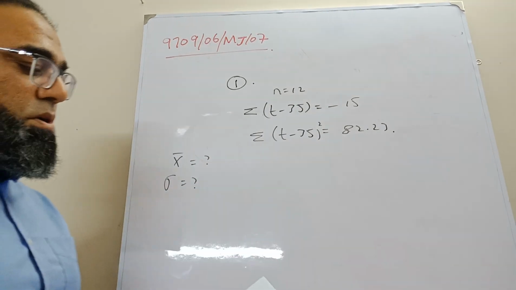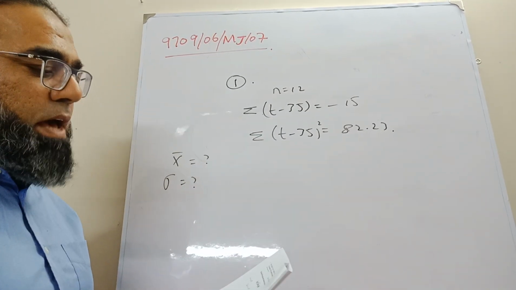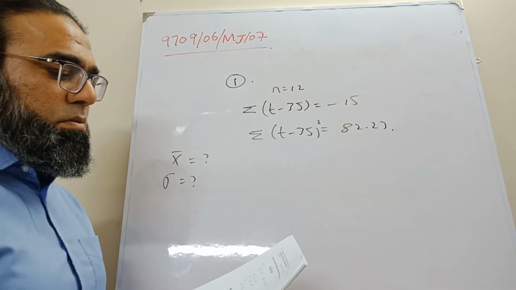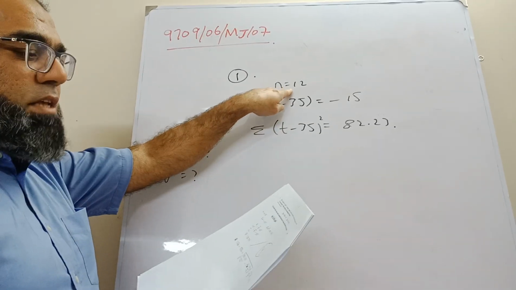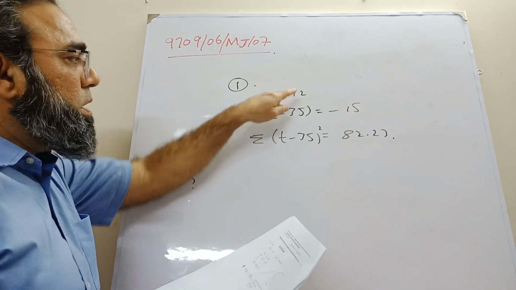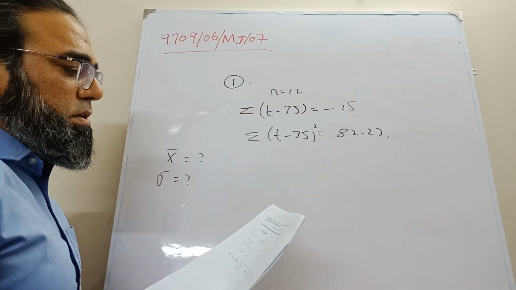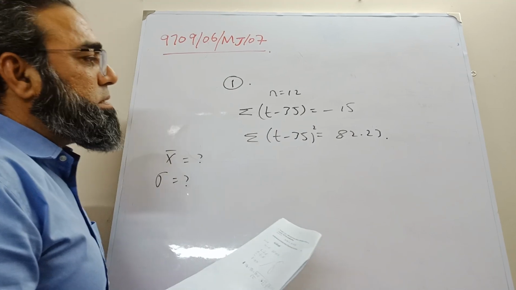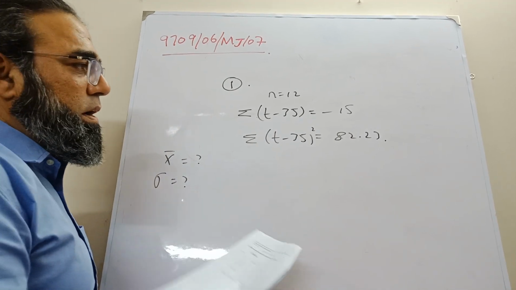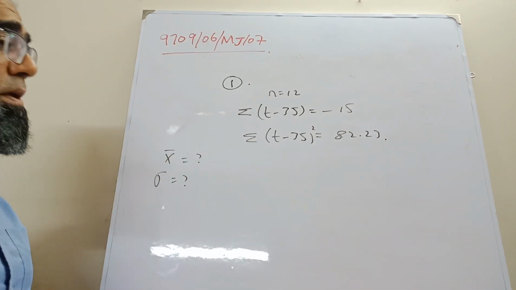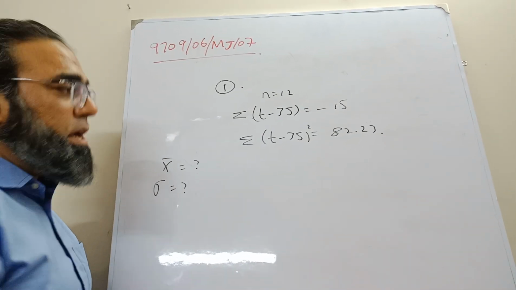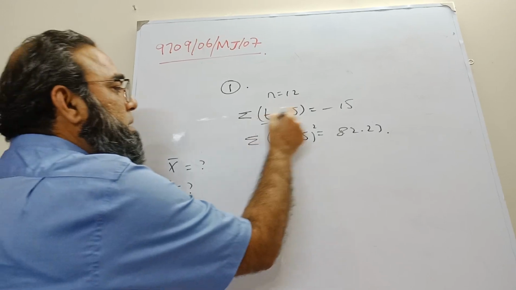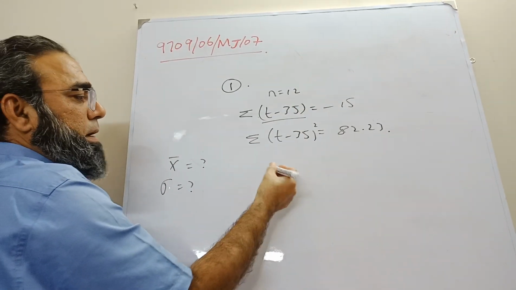Now I'm just going to read out the question. It says the length of time t minutes taken to do the crossword in a certain newspaper was observed on 12 occasions. That is why I've taken n as 12. Solving this question really becomes easy if you replace t minus 35 with y.